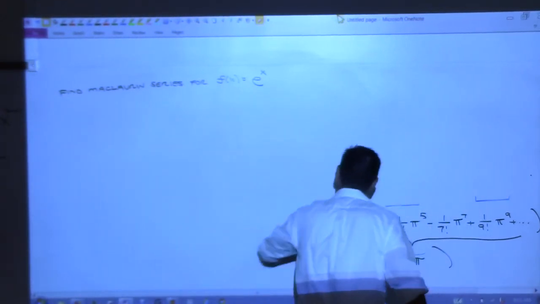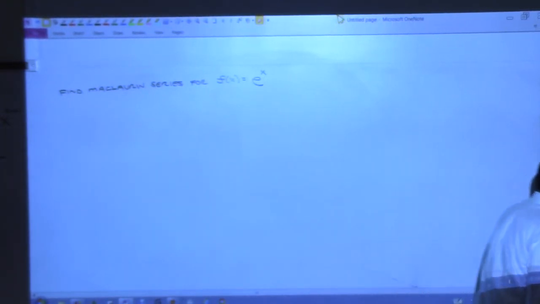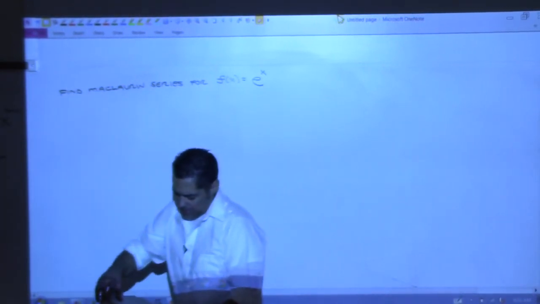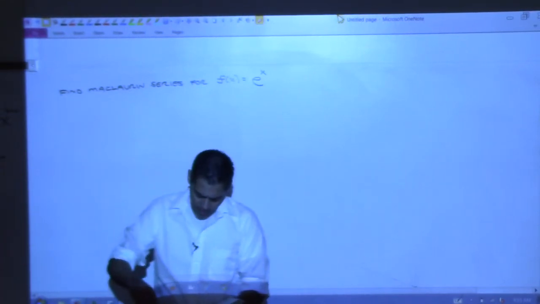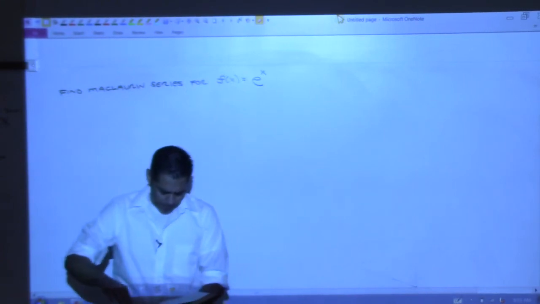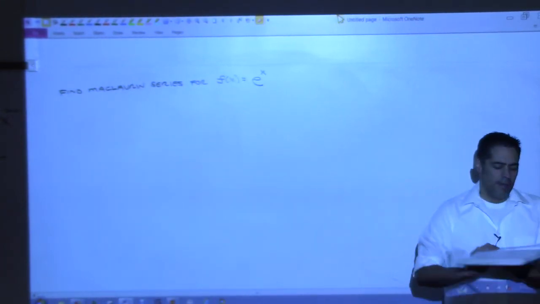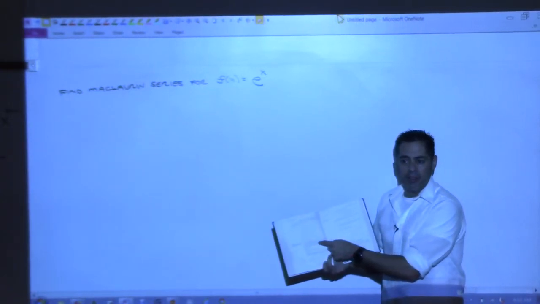So check this out. In your book, just so you know this, on page 484, there is a table of common functions and their power series.